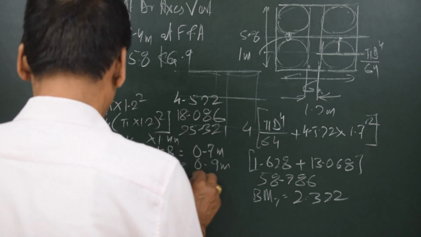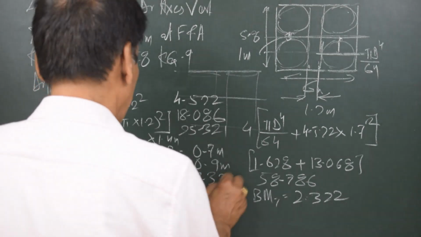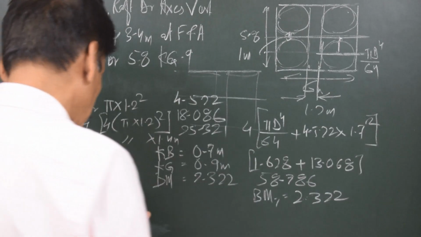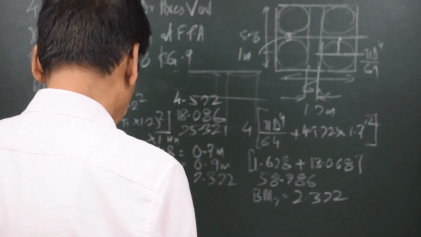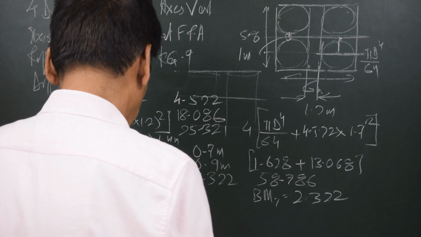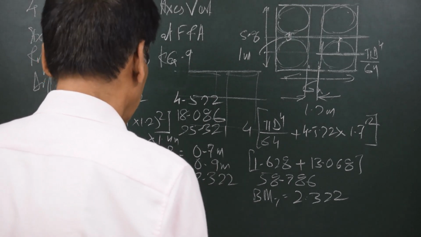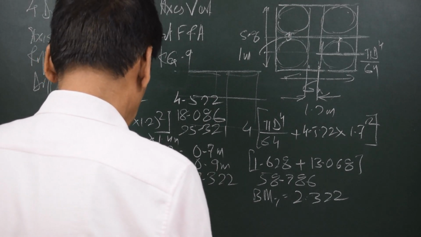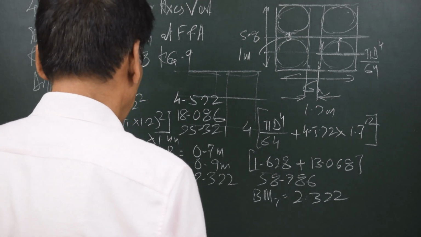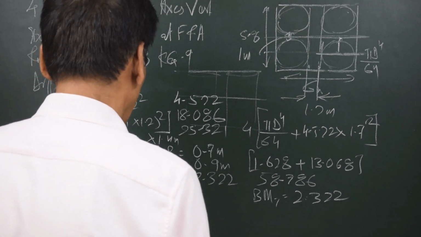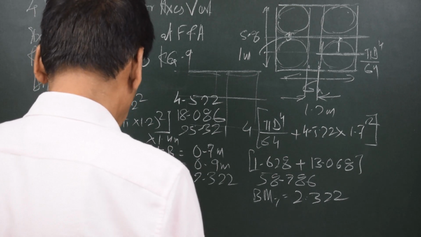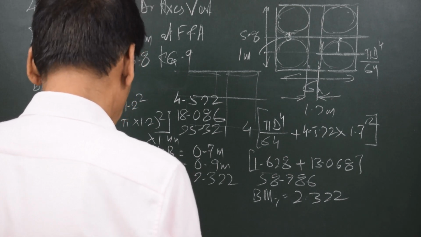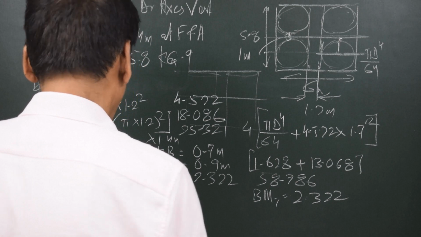BM transverse is equal to 2.322 plus KB. KB is 0.7, which gives me KM as 3.022, minus KG, 0.9, gives me GM as 2.122.